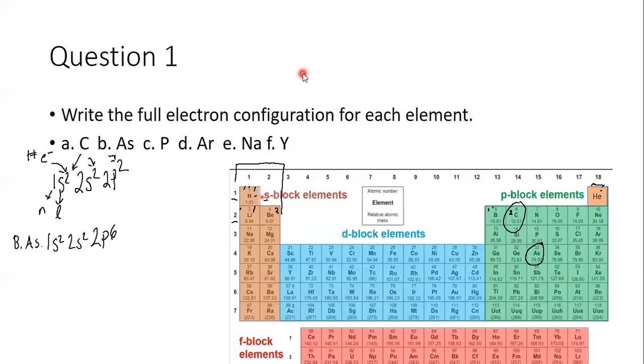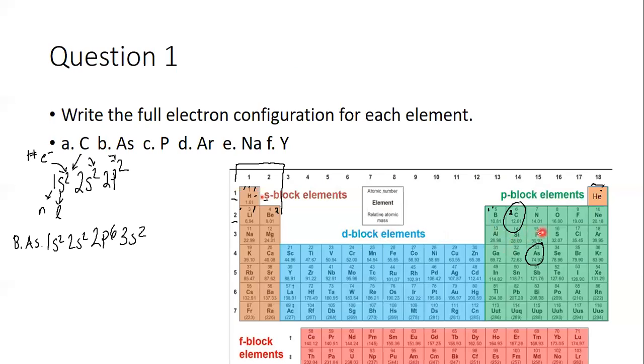Then I go back over. Now I'm at the third row s block. So sodium is 3s1. Magnesium is 3s2. I'm not to As yet, but I'm about to leave the s block. So I write that down, 3s2. Then I go all the way over to the p block again.